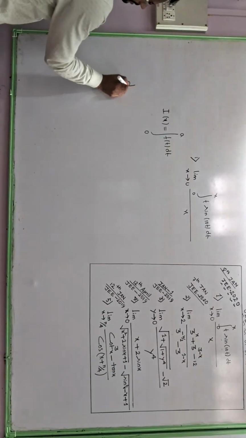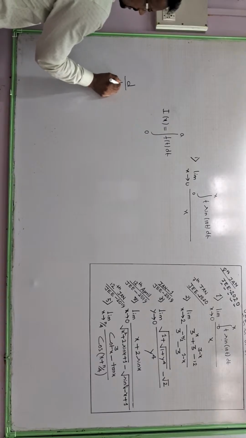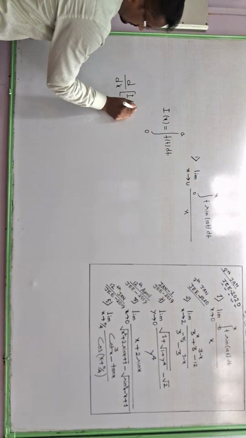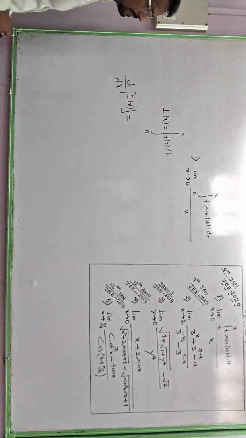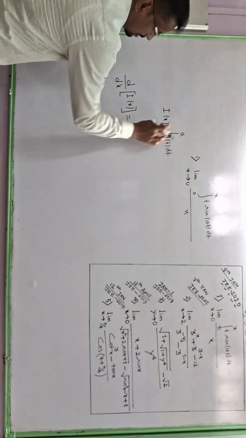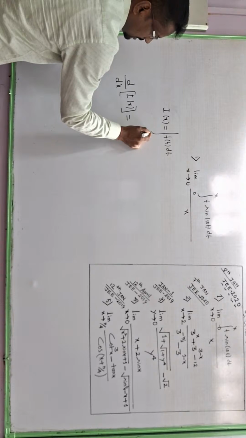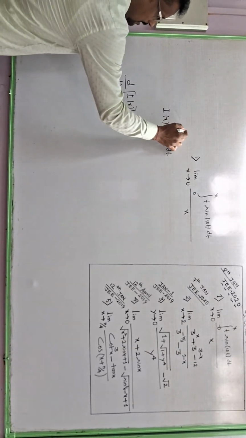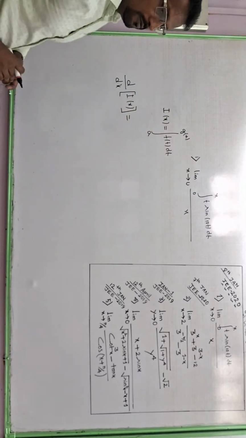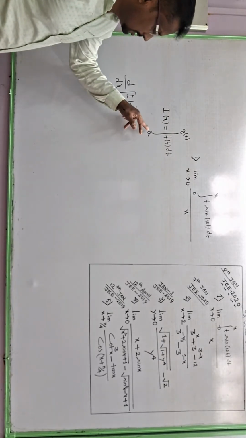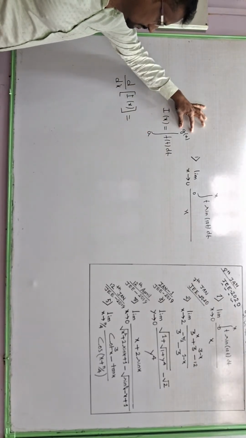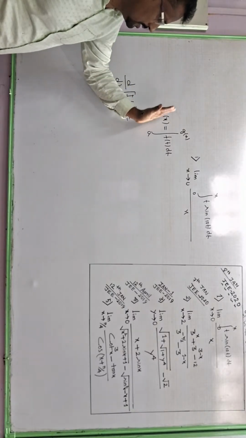So Newton-Leibniz rule is this: d/dx of I(x), that is the derivative of this definite integral. See, here it is any real number a, and here some function g(x). The Newton-Leibniz rule says the limits, here it is any real number a and here it is any function of x, g(x), and the definite integral is this.